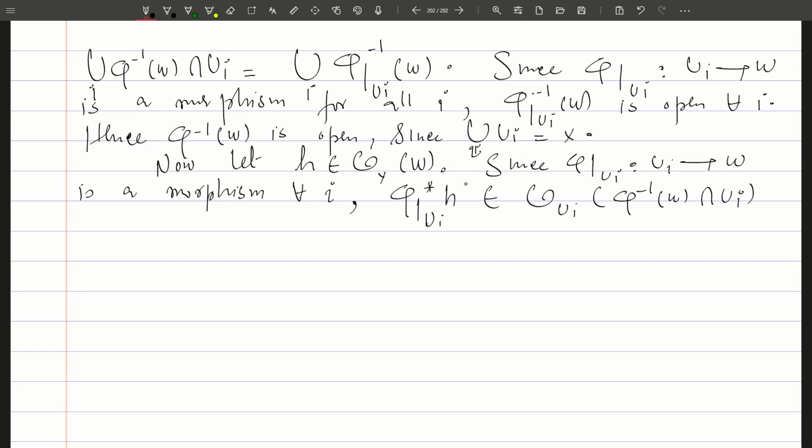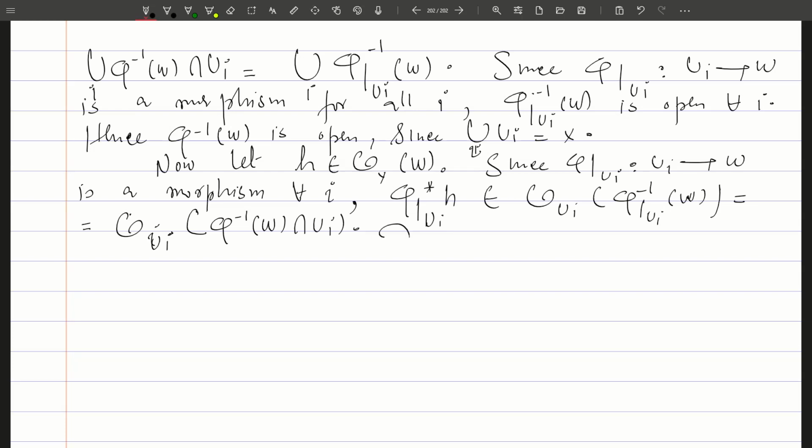So this is the same as first, right? Here this is equal to the set of all regular functions on Ui on the set phi inverse W intersection Ui.